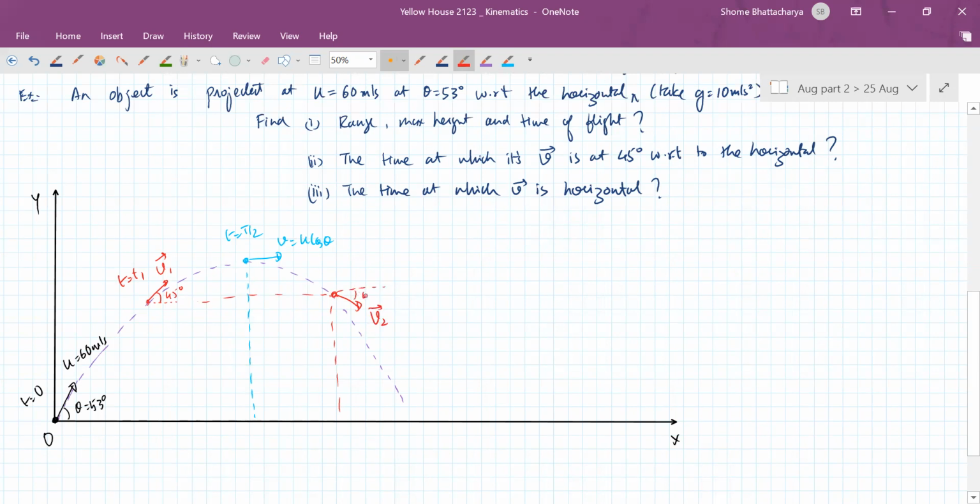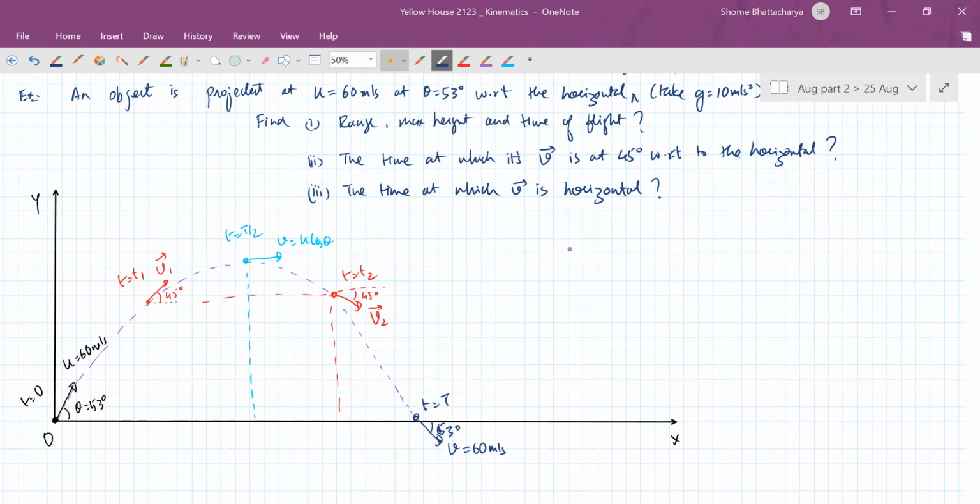So this angle is again 45 degrees. You see that these two times t1 and t2 are also related because of the symmetry. And eventually it will come back and hit the ground. At the instant when it hits the ground, the impact speed will again become 60 meters per second, but this angle will become 53 degrees, and the time will be capital T.